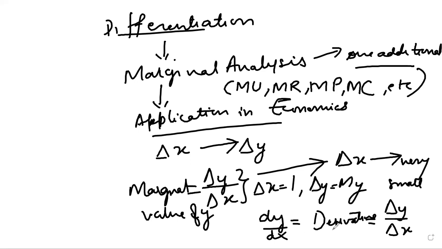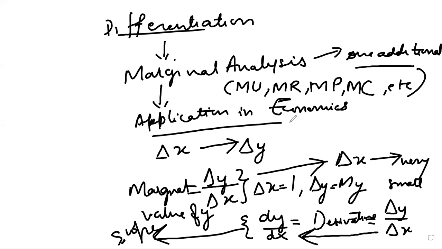So when the change delta x becomes dx, our delta y by delta x changes to dy by dx. So this is basically slope. Now, what do we mean by slope?